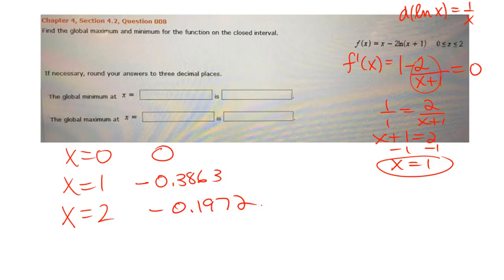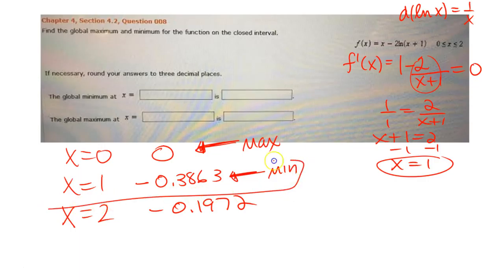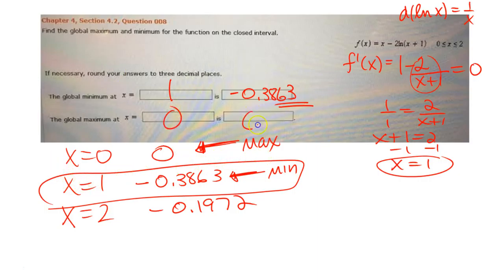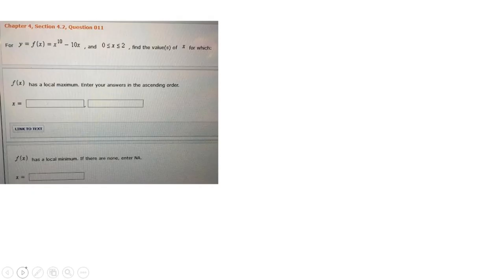So notice, this is the maximum value, isn't it? This is the minimum value. We got this from our critical points, that's fine. So the global minimum is at 1, and it's something on the order of this. We may want to use more digits when you input it, I'm not sure. And the global maximum is at x equals 0, and it indeed is 0. Okay? So when you have these closed intervals, you have to look at the edges.